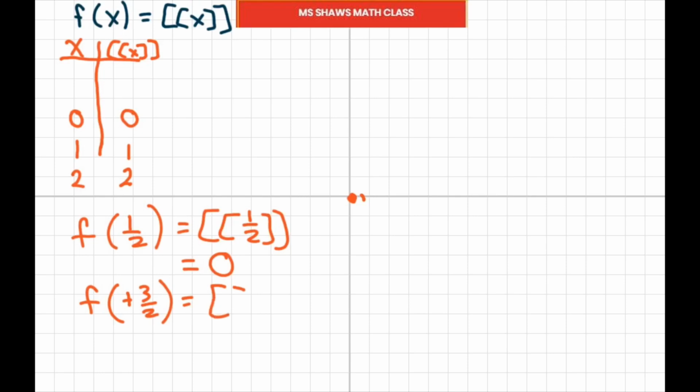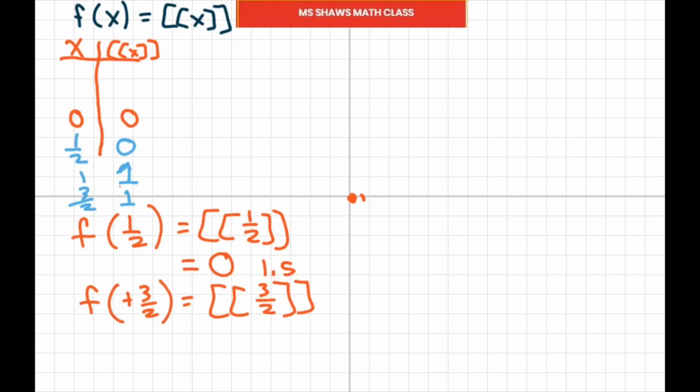That's the greatest integer of 3/2 less than or equal to x. Since this is 1.5, this rounds down to 1. So when I'm doing my table, if I put in 1/2, that's still going to be 0. 1 maps to 1, but 3/2 maps to 1 as well.